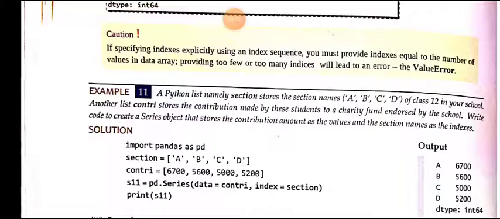So in this example, students, we need to create section A, B, C, D, this is the index, and contri, that means contribution, 6700, 5600, 5000 and 5200 as the values.